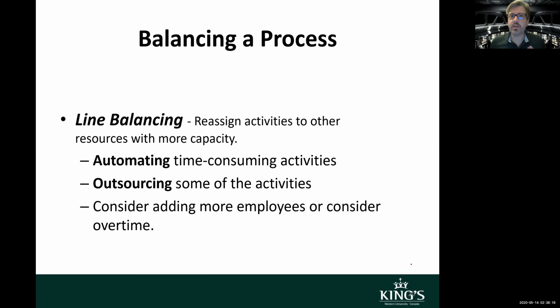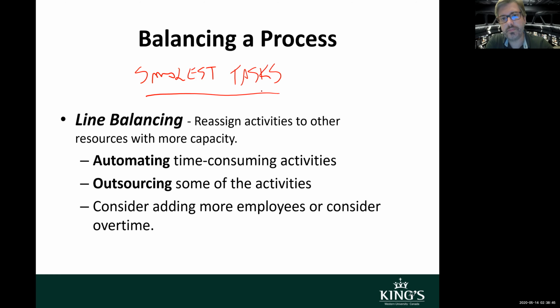So let's move on into balancing a process and look into a technique called assembly line balancing. So we reassign activities to other resources with more capacity. In other words, we divide a process into the smallest tasks possible, and you list them up.